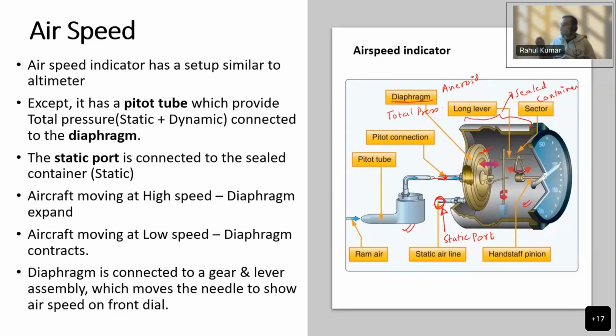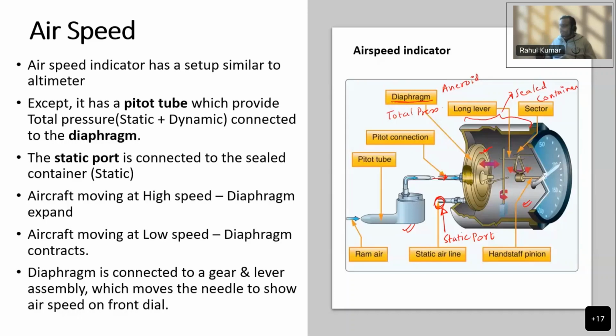The static port will provide air from the fuselage, right? So around this aneroid, you will have static pressure. Inside the aneroid, you have static plus dynamic pressure.